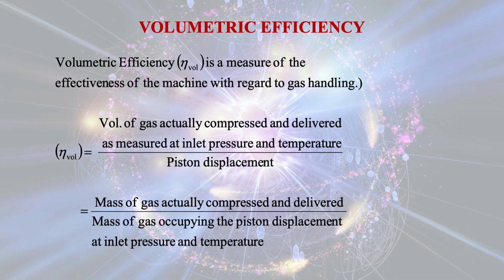We can also define the volumetric efficiency of a reciprocating compressor as mass of gas actually compressed and delivered divided by mass of gas occupying the piston displacement at inlet pressure and temperature.